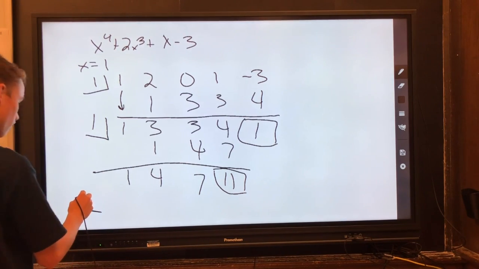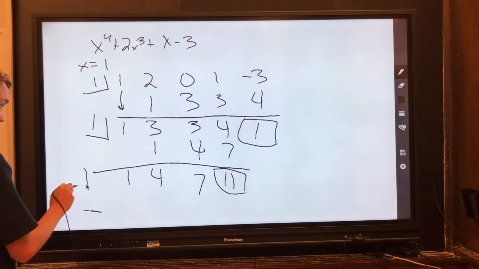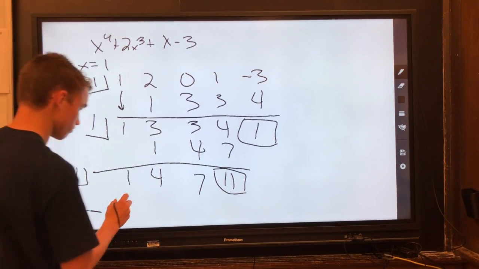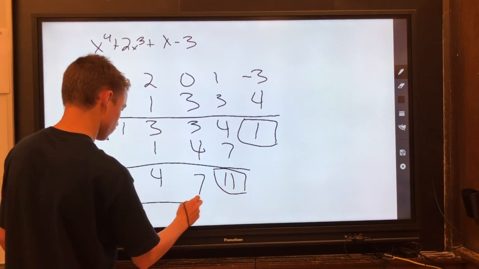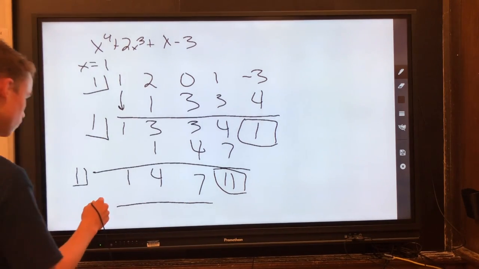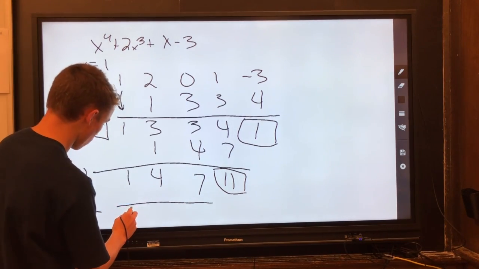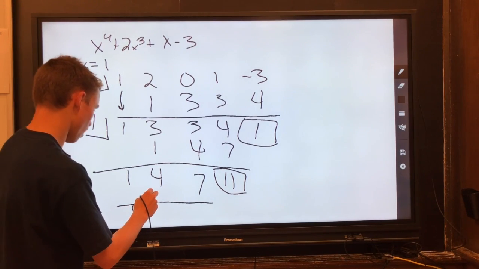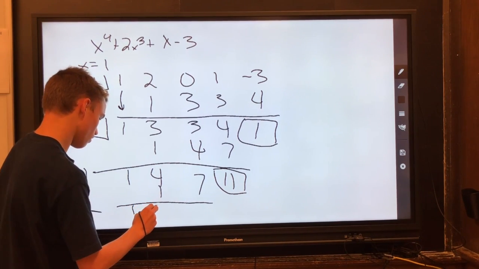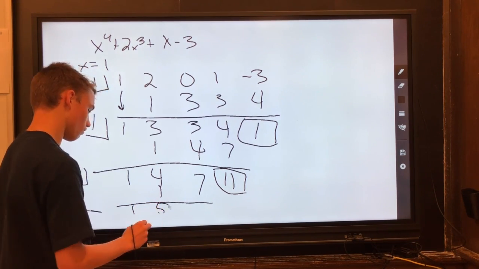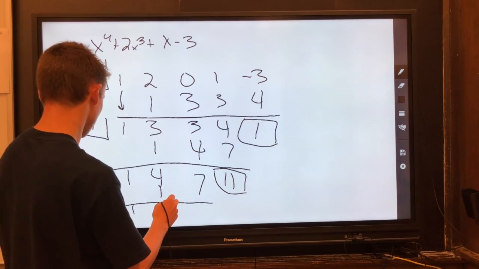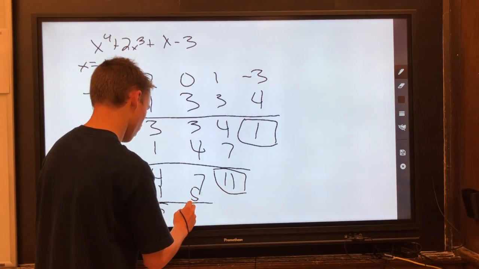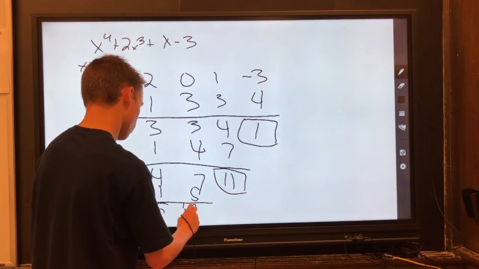Okay, so let's continue. One times 1 is equal to 1. 1 plus 4 is equal to 5. 5 times 1 is equal to 5. 5 and 12. Very important number.